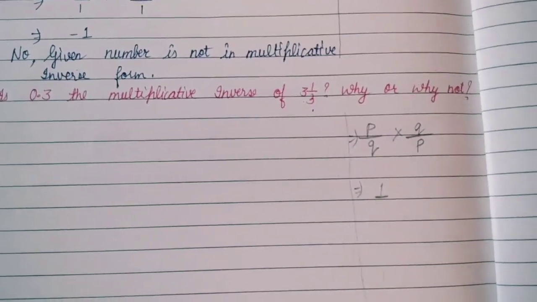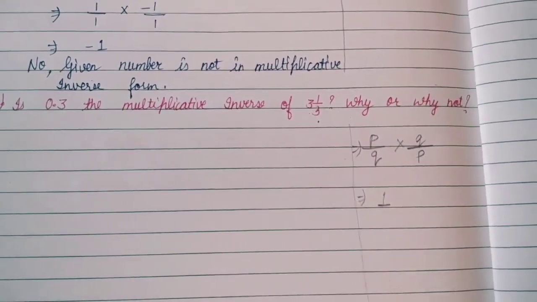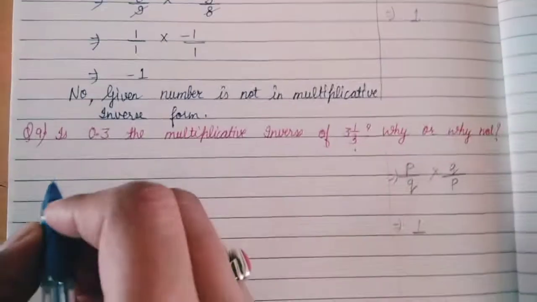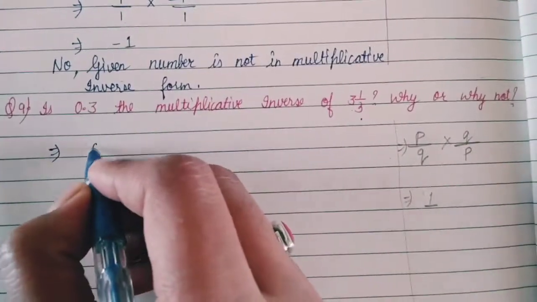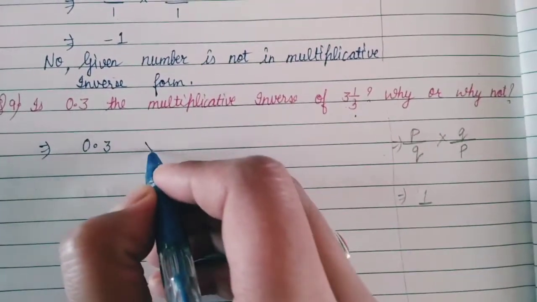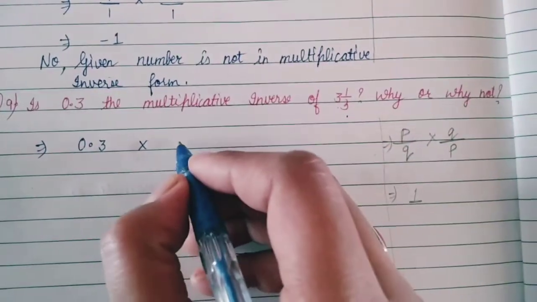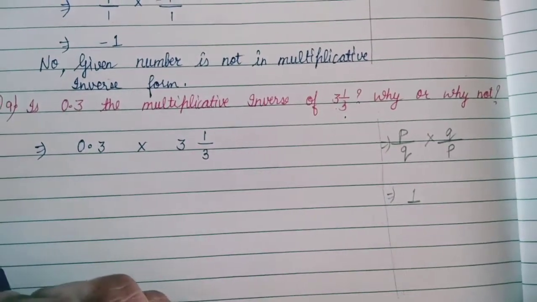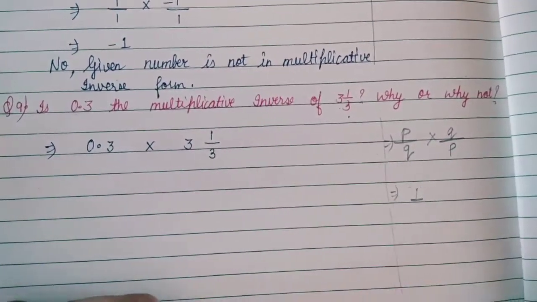Then we can say yes, the given number is the multiplicative inverse. So we have the first number 0.3. We have to check whether 3 1 by 3 is the multiplicative inverse of 0.3. Simply we will multiply them.